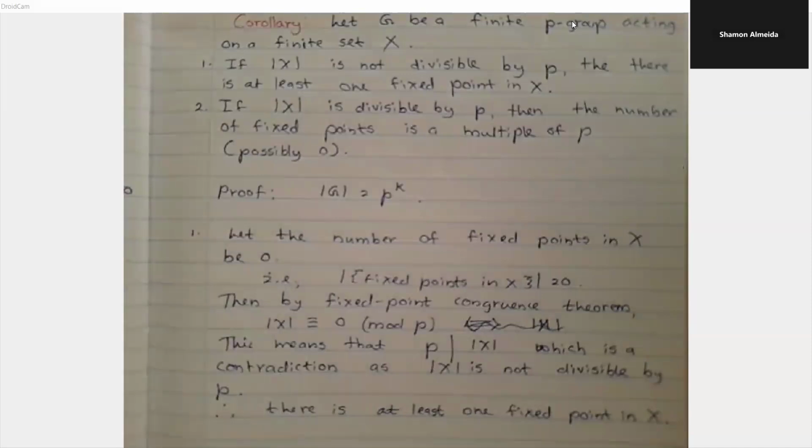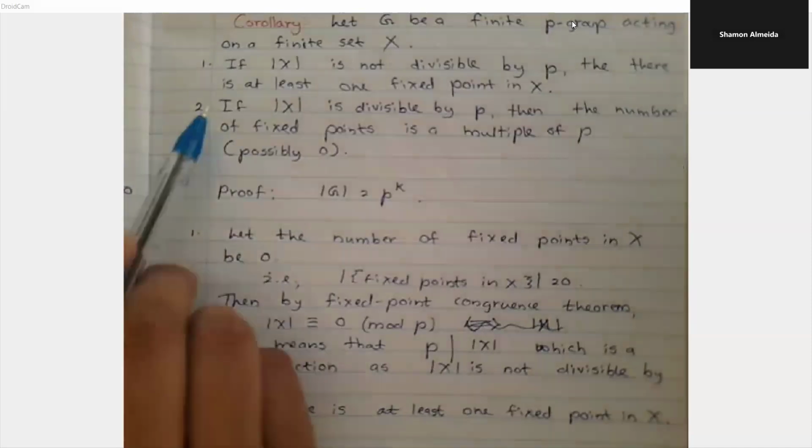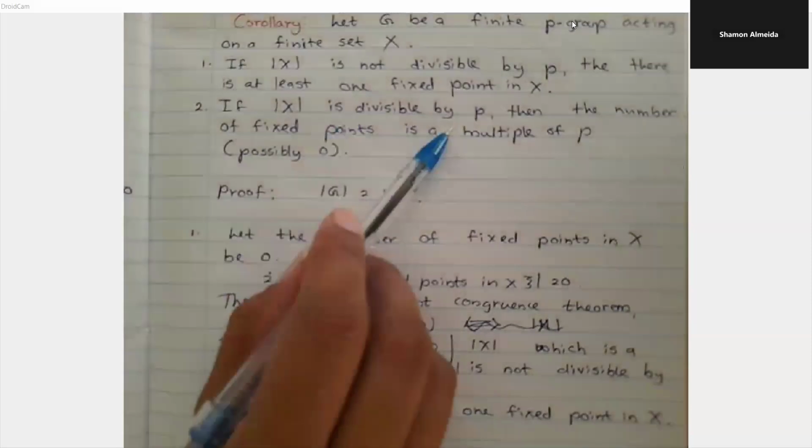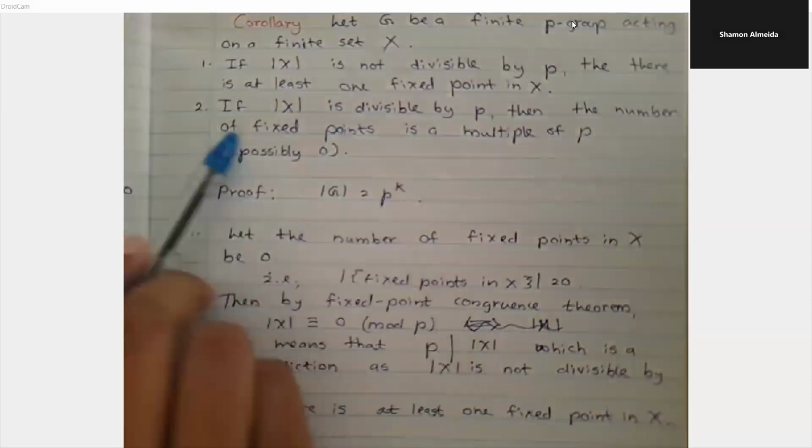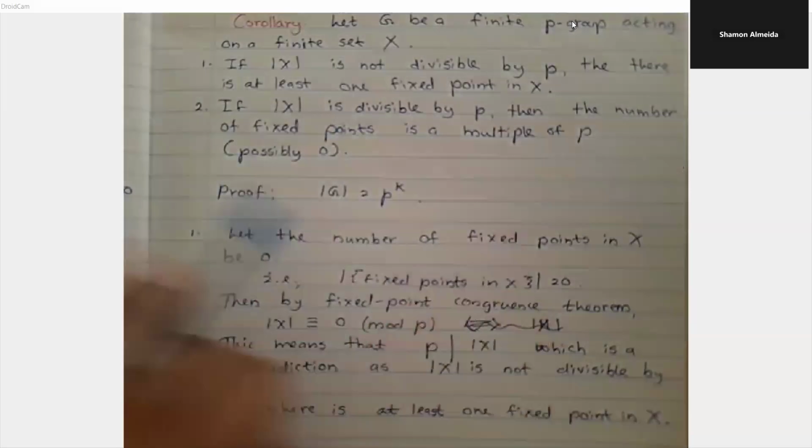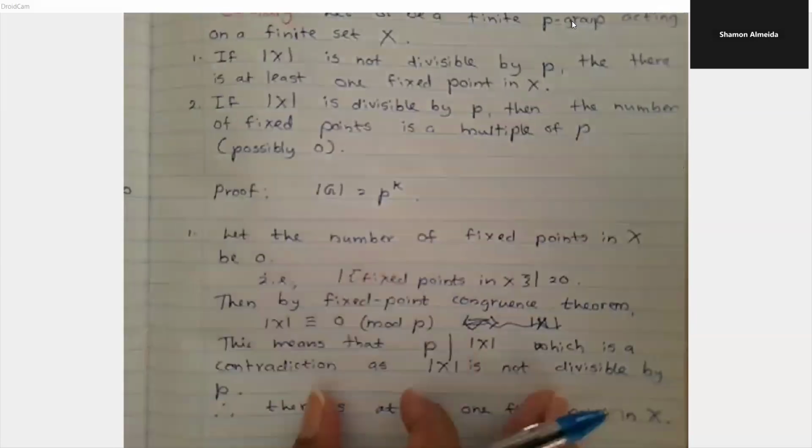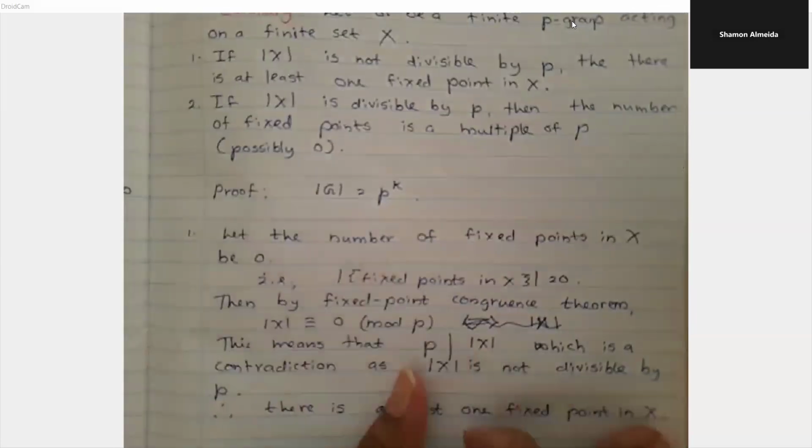Right, now to prove the second one. This is if the order of X is divisible by p, then the number of fixed points is a multiple of p or possibly 0. So once again, we can employ the fixed point congruence because G is a finite p-group acting on a finite set X. That is exactly what we are going to do.